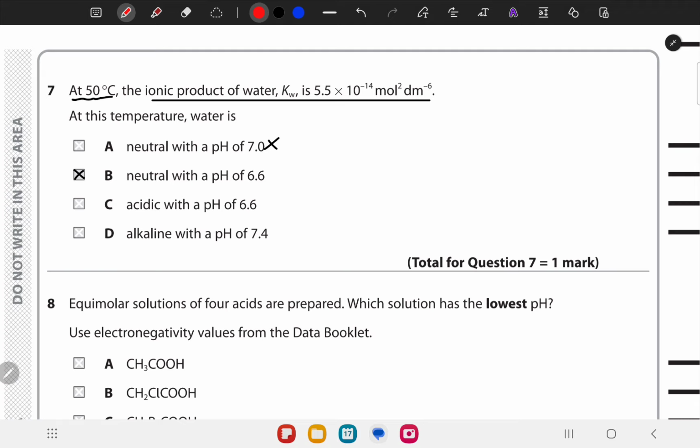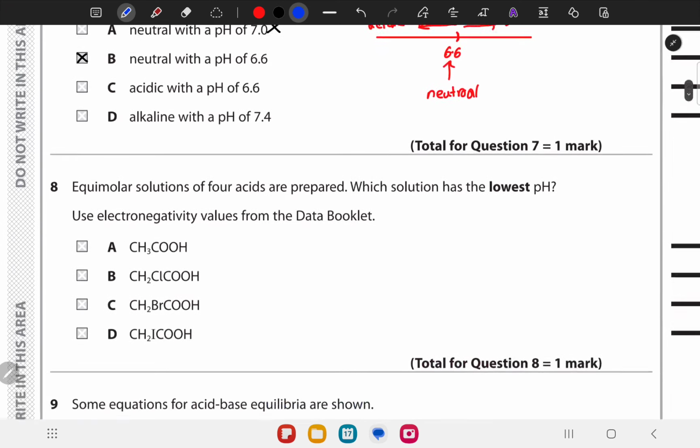At any temperature, water would be neutral, but with an increase in temperature, the pH value will decrease, but the pH scale will also change. So for this temperature, if we have the pH scale, 6.6 would be the neutral value. If we go less than 6.6 here, we'll get acidic, and if we go to the right, we'll get alkali.